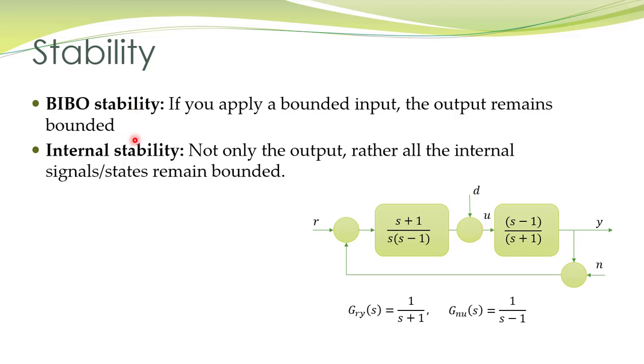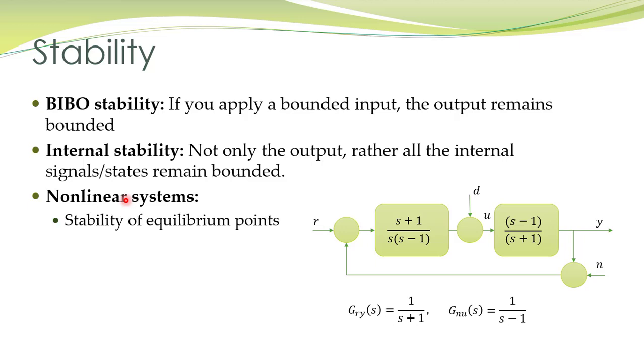So you are already familiar with these two definitions of stability, which you have studied in your linear control systems theory. Let's talk about the stability of nonlinear systems. The discussion on stability for nonlinear systems is slightly different.